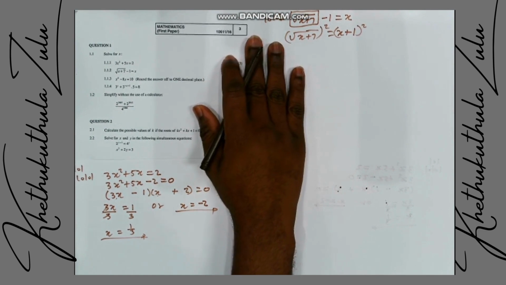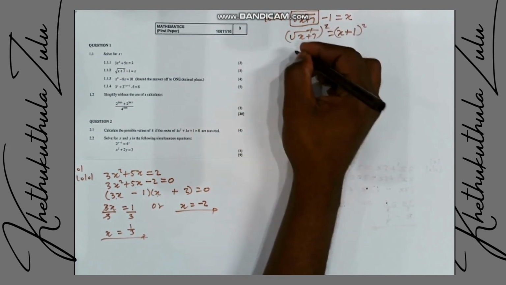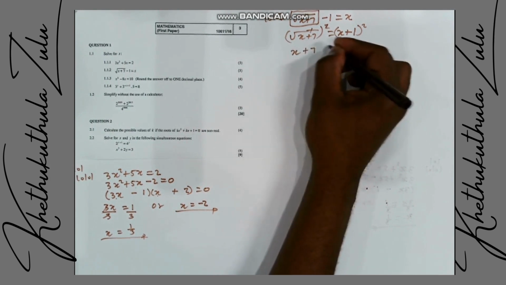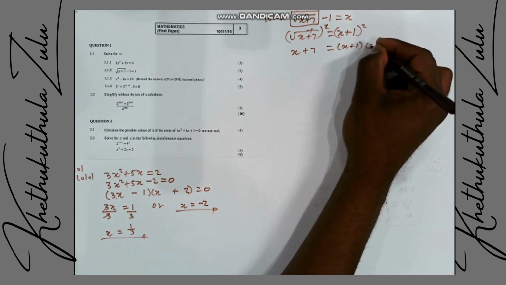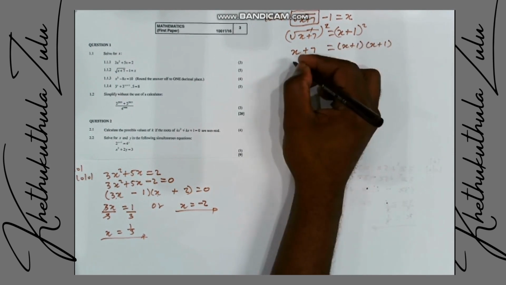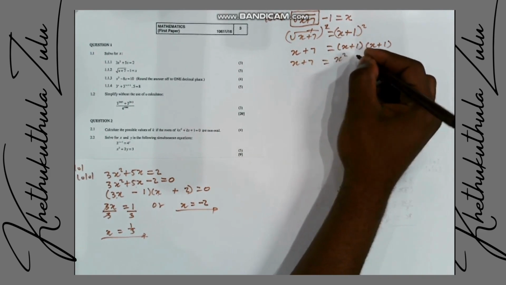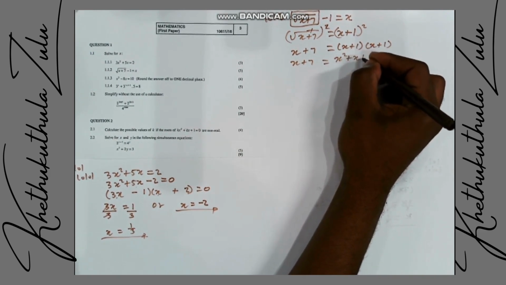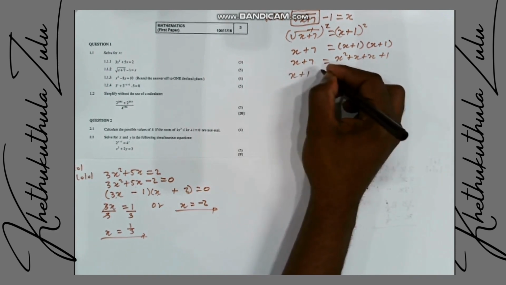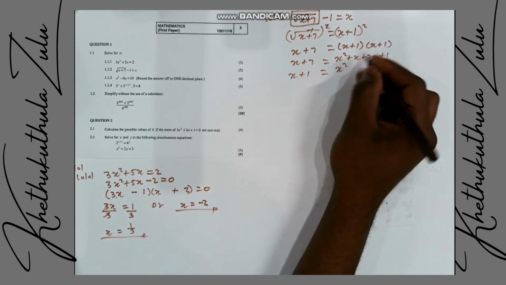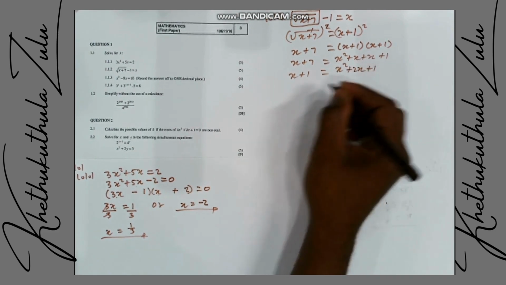So this root cancels this root, and it's just going to be x plus 7 equals x plus 1 times x plus 1. X plus 1 times x plus 1 is x squared plus x plus x plus 1, which is x squared plus 2x plus 1.